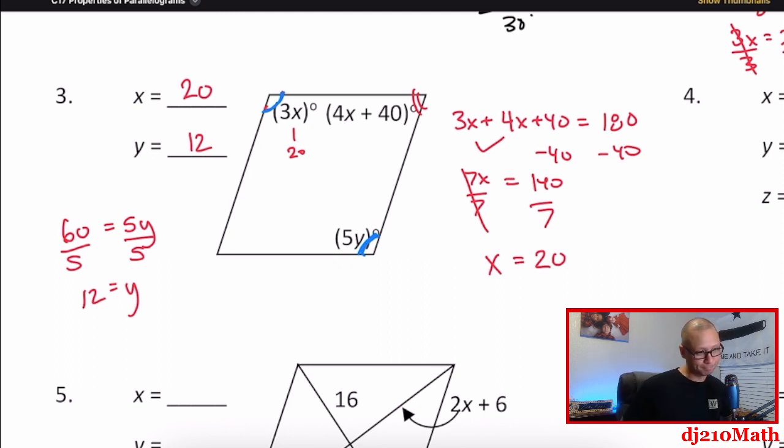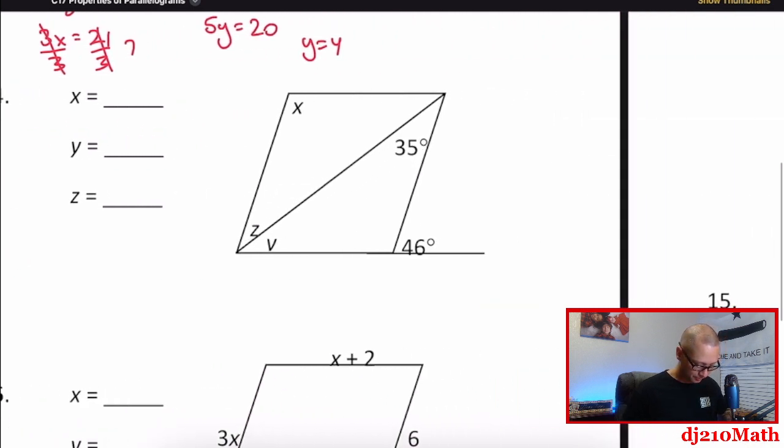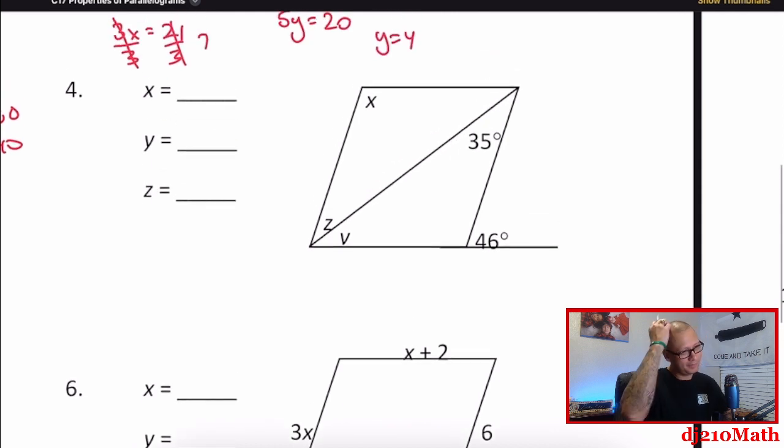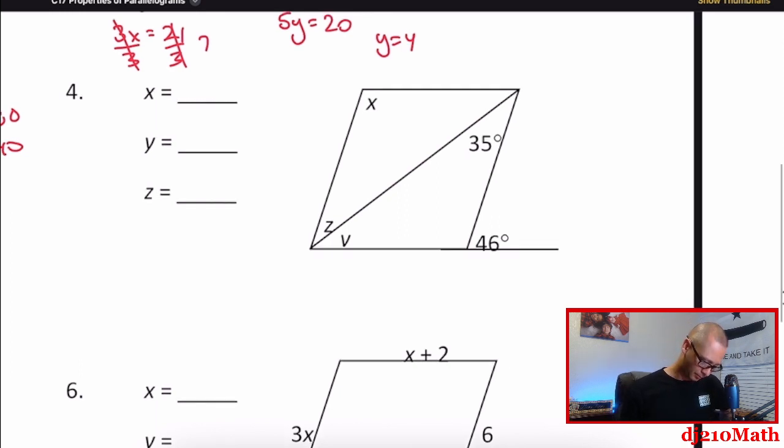All right. Okay, number 4. We got X, Y, and Z. I mean, there's always going to be different ways of doing this. So it's whatever you recognize first. So a couple properties, if you can think back when we were in triangles. So really two ways. So the long way, you can figure out this angle, right? Subtracting 46 from 180.